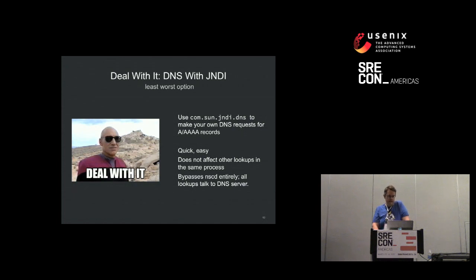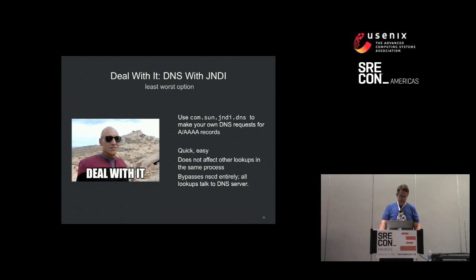There is this, my favourite, by which I mean least worst option for this, which is to call the JNDI library in Java, which is an interface to naming systems. It has a DNS client in there, and with a few calls, which are actually documented, you can do your own DNS calls directly, so you're talking directly to the server.